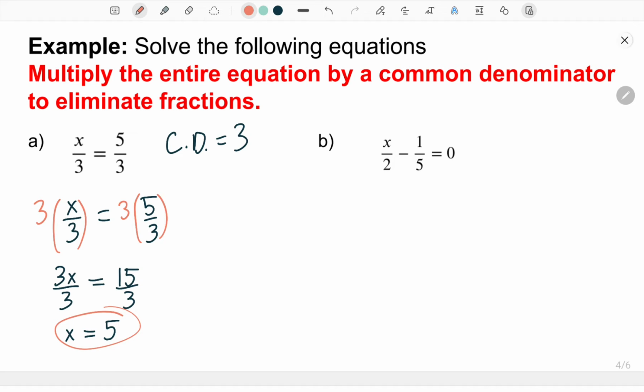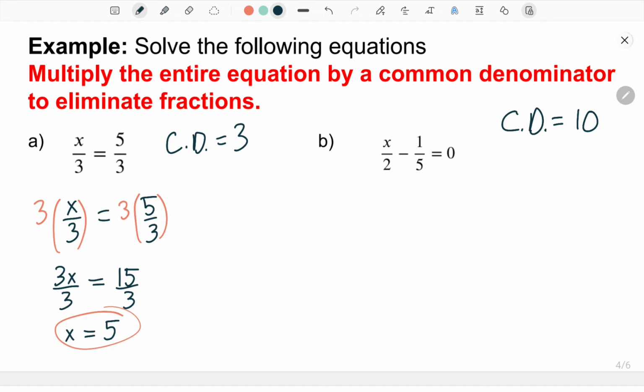All right, next we have x over 2 minus 1 over 5 is equal to 0. In this case, we have two denominators, but they're different. So let's find a common denominator. In this case, 2 times 5 will give you 10, so you can use 10 as a common denominator. All right, and now let's multiply the equation by 10.